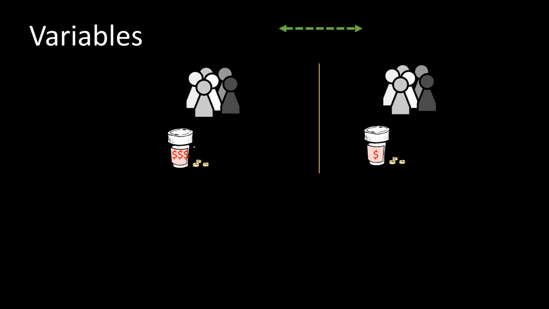We gave one of our groups an expensive medication and one a cheaper medication. So that one is called the independent variable. The independent variable is the one that I set up in the beginning of the experiment. I use that I as a little clue. So the independent variable here is the cost of the medication. That is the only thing that we should change between the two groups.